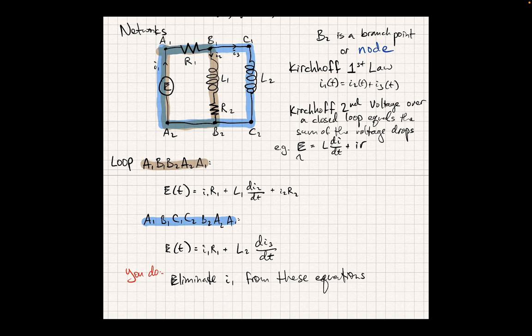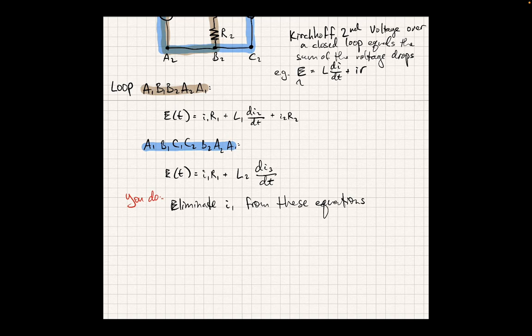L2 times di3/dt equals L1 times di2/dt plus I2 R2. What I want is an expression that does not have I1. I'd like a system of equations in I2 and I3. Tell me E of t and E of t.